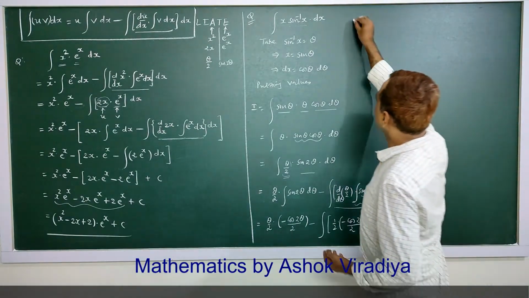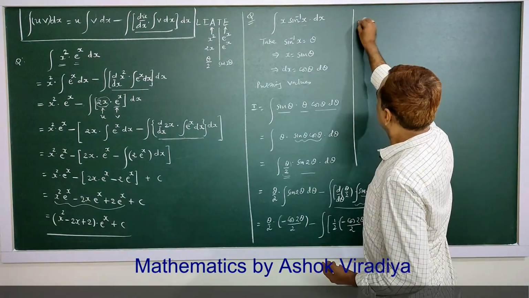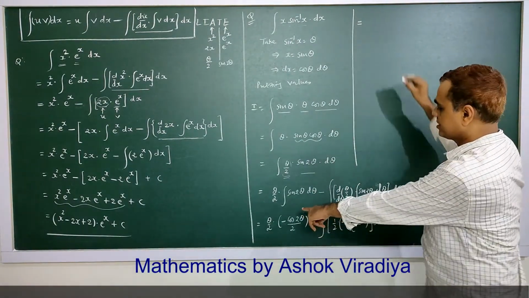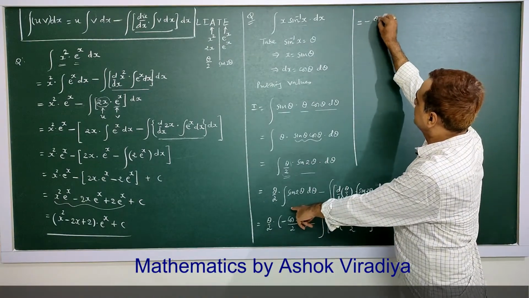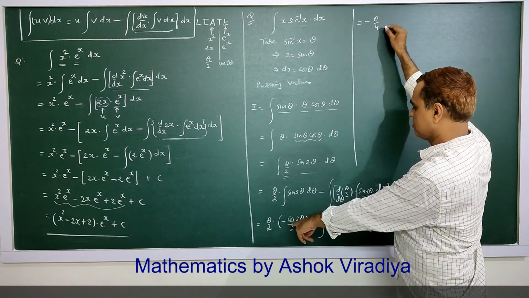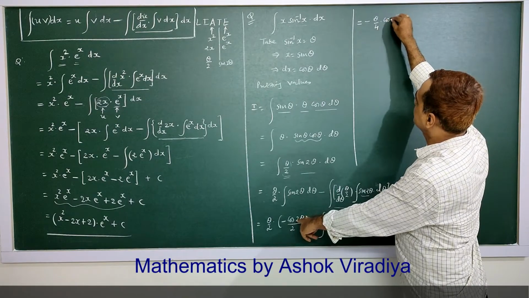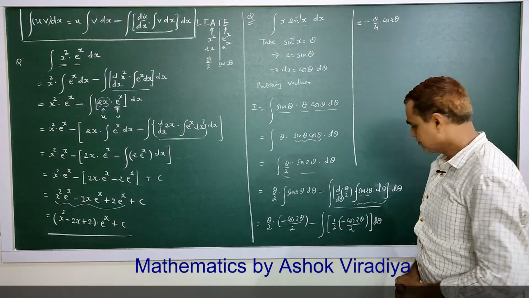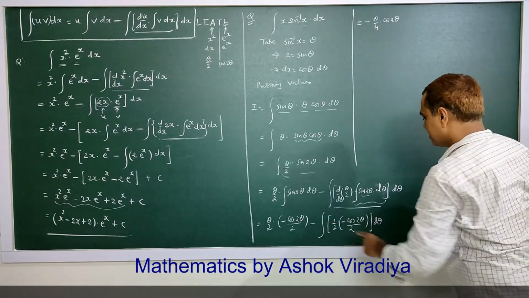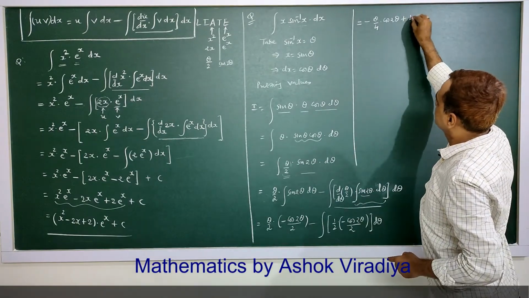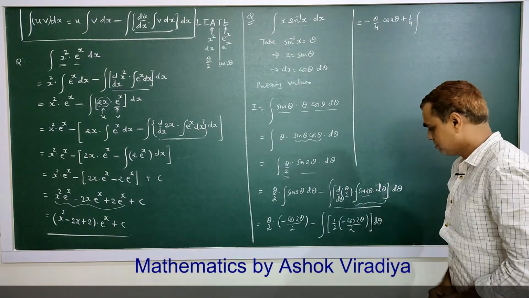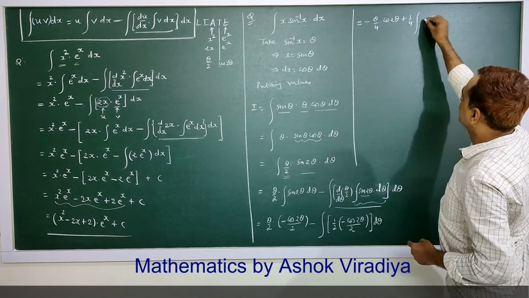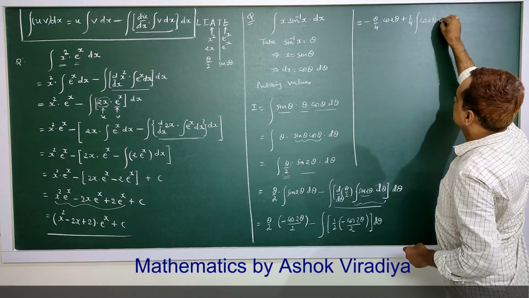So it is equal to minus theta by 4 cos 2 theta. Here minus minus plus 1 by 4 cos 2 theta d theta.